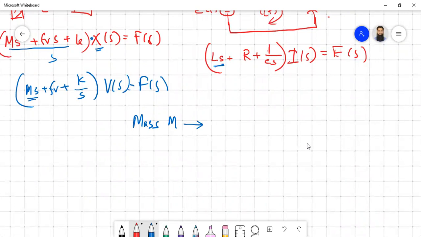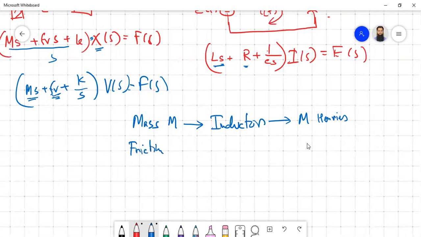So what you can do, you can represent the mass M by which parameter, just by comparing this and this. We can see that mass can be represented by an inductor, and the values are actually proportional, so you can say M henrys. Then fv can be represented by a resistor. So fv is actually friction or viscous damper, whatever you prefer.